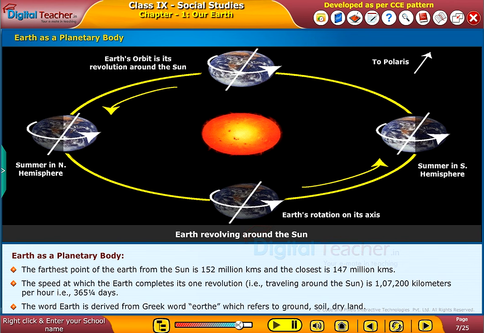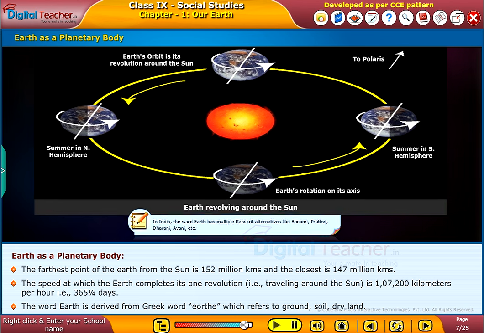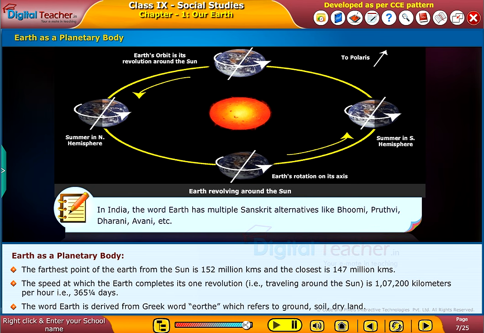The word Earth is derived from the Greek word Earthe, which refers to ground, soil, dry land. Note: in India, the word Earth has multiple Sanskrit alternatives like Bhumi, Prithvi, Dharani, Avani, etc.